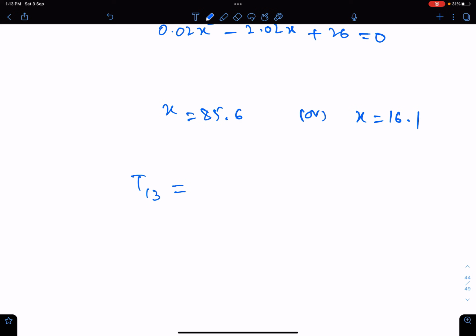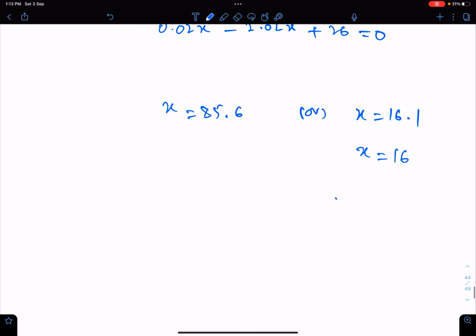The integer value of this should be 16, so we just need to find T16. If this is positive, then this value is right. And this is 86, and when you find T86, this will be negative. So this is discarded and this is the right answer.